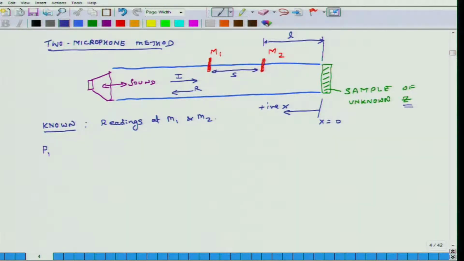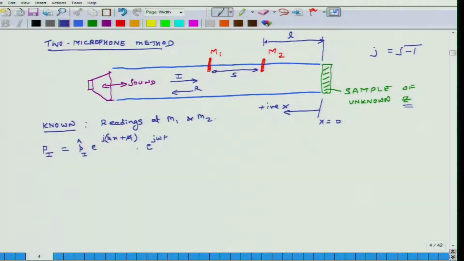Now, if we go back to our transmission line equations, then Pi, which is the complex pressure in the incident direction, is Pi hat e to the power of j, where j is the square root of -1, times (kx plus phi1), times e to the power of j omega t.